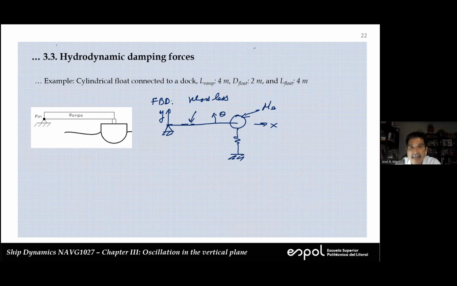So this is theta, which depends on time. When at a small angle, it will be like here. So the free body diagram shows you here.